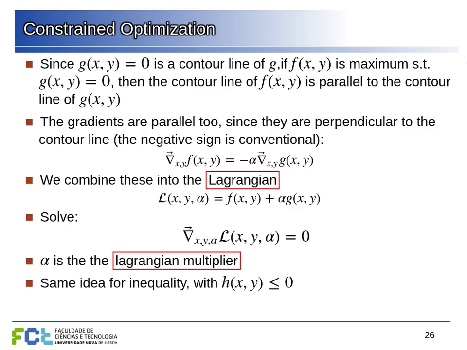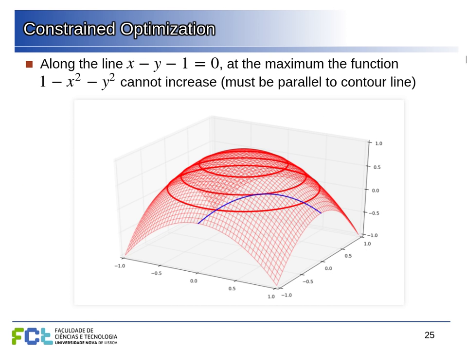If the contour lines are parallel, the gradients of the functions must be parallel too, because the gradients are always perpendicular to the contour line. If we have this line where the value is constant, the gradient must always be perpendicular to it, because otherwise the value would change along the line. And if it's a contour line, the value cannot change.